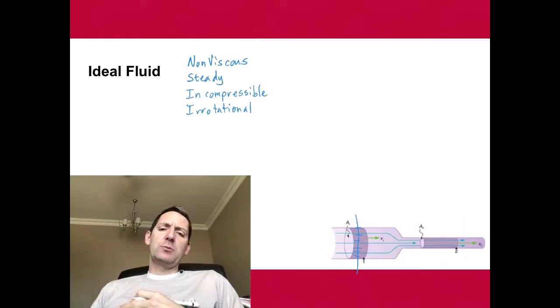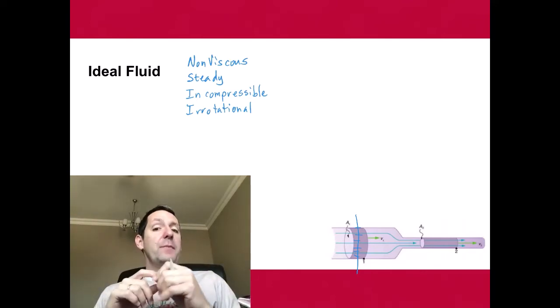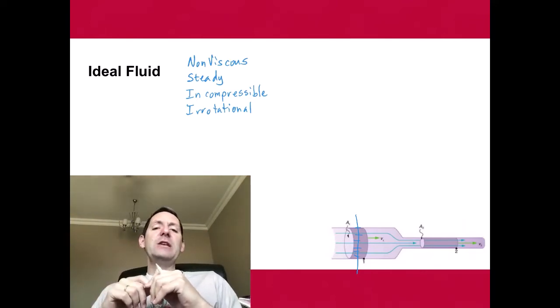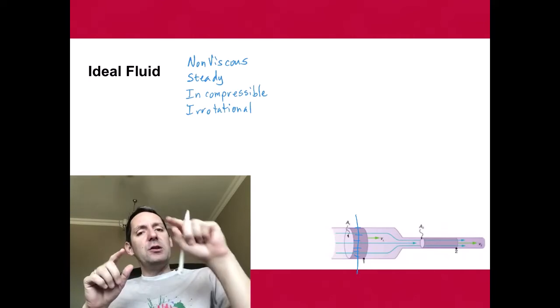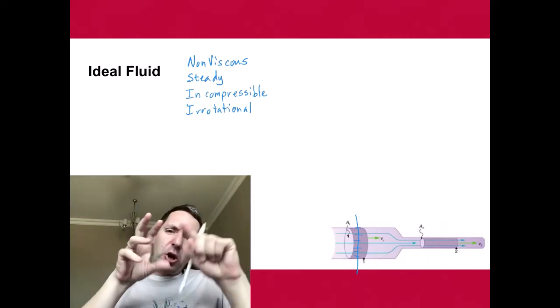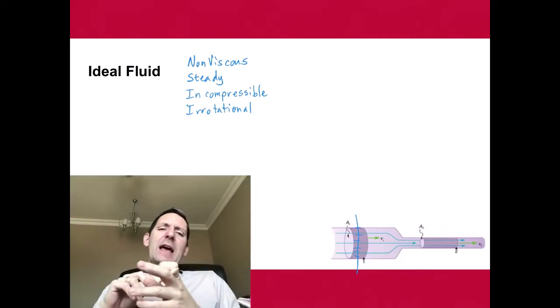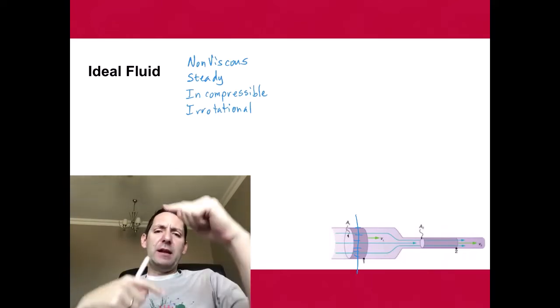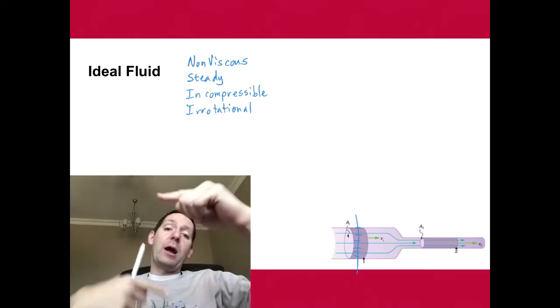That means incompressible. The last thing is something, again, just to simplify things so we don't have to worry about it. It is irrotational. Now, what that means is that it's not turbulent. Remember in the picture in the previous slide, go back if you need to, you saw that some of the directions of the current started to loop around and create eddies. We're also assuming that it's not rotating this way around the inside of the pipe.